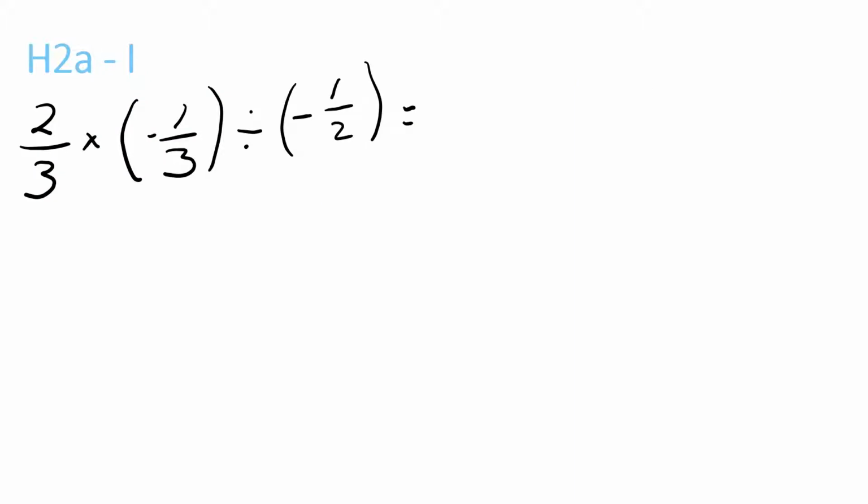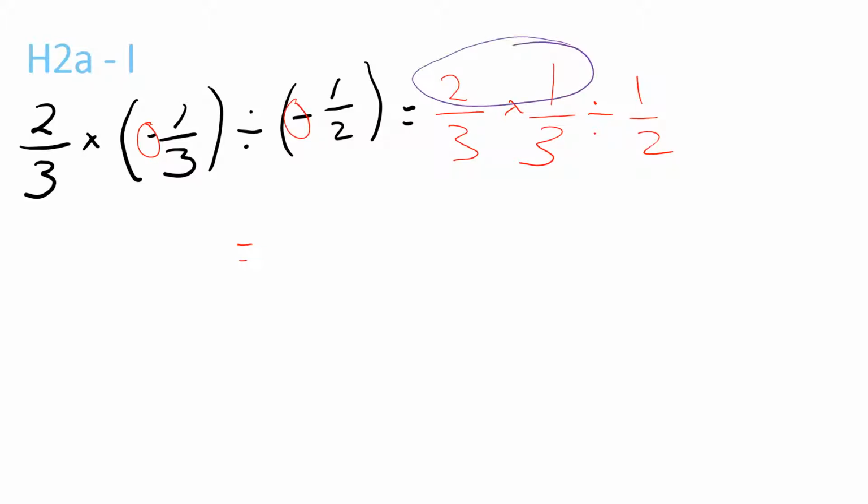Okay, for this one, remove all the brackets. 2 minuses equals a plus, so that means remove all the brackets and there's no minuses at all. So 2/3 times 1/3 divided by 1/2 equals 2/3 times 1/3, that.